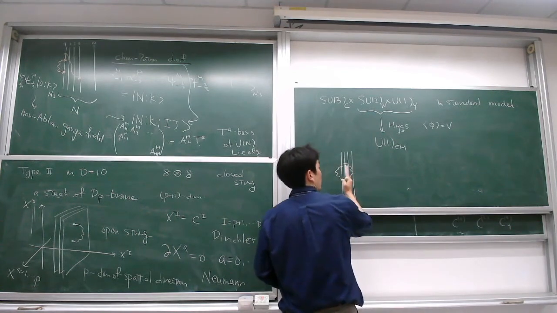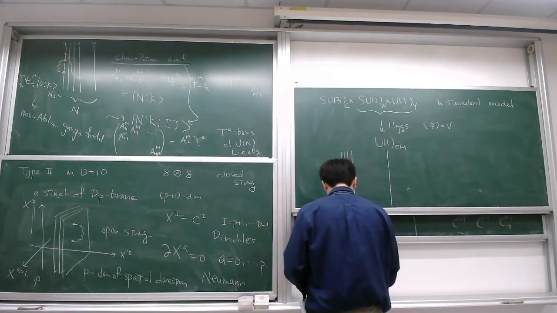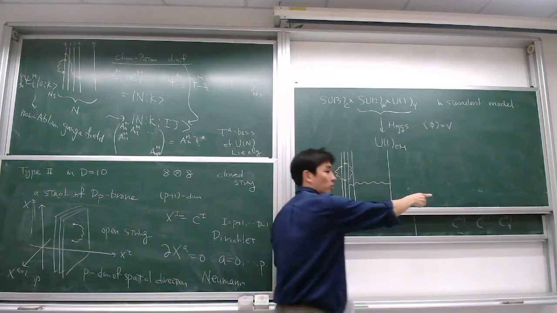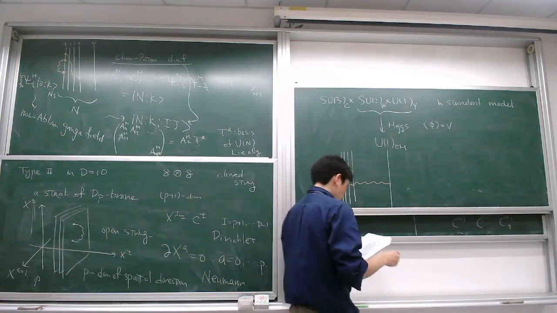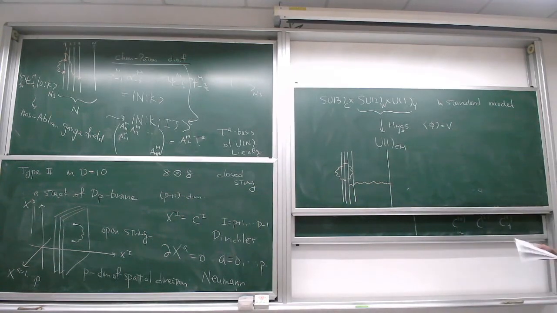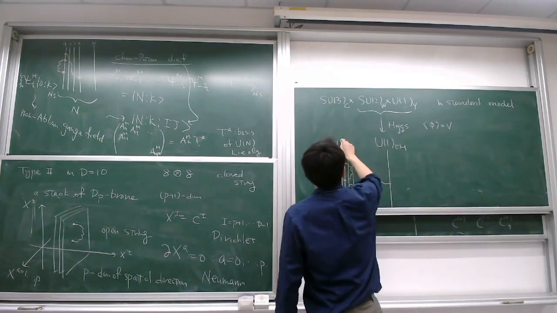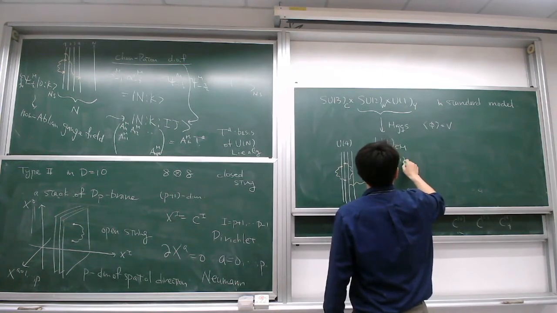But if you move one D-brane a little further away, you get a gauge boson mass proportional to the distance between the D-branes. That gives you a massive gauge boson, so that you have a U(4) gauge group and a U(1) gauge group.